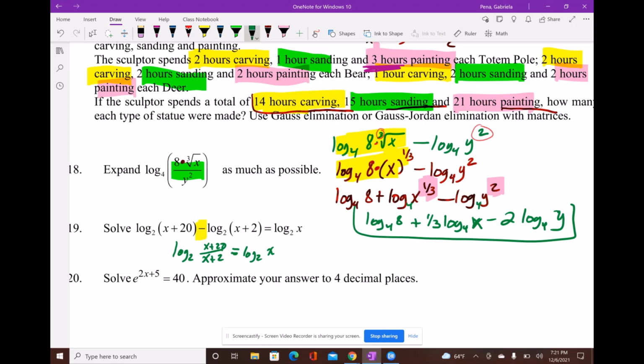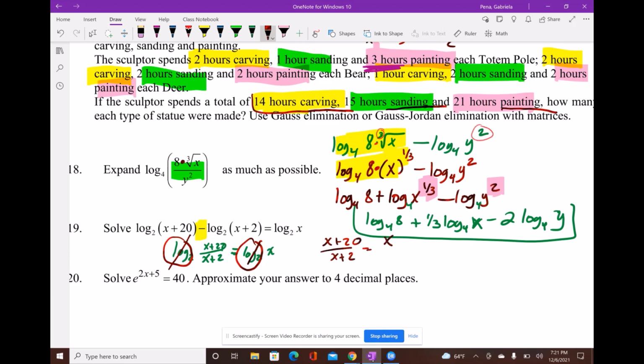So we're condensing those two logs on the left side using the property that subtraction becomes division. But then when you realize, hey, I have a log base 2 and a log base 2, what can we do? Combine them? You what? Cancel. Cancel. Very good. They go goodbye. So what do we have left over? (x plus 20) over (x plus 2) equals x.